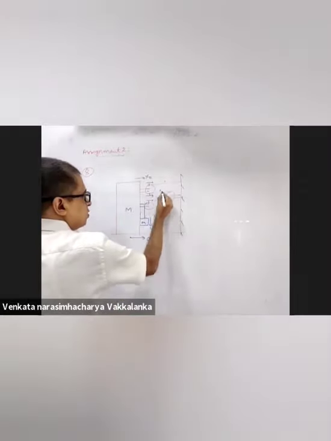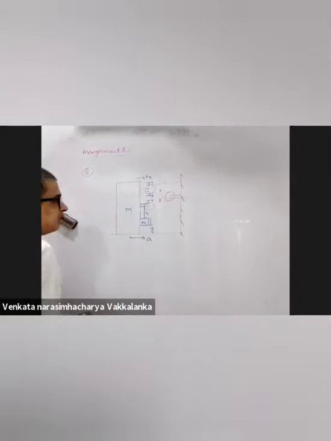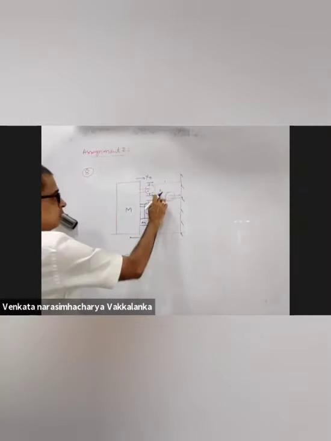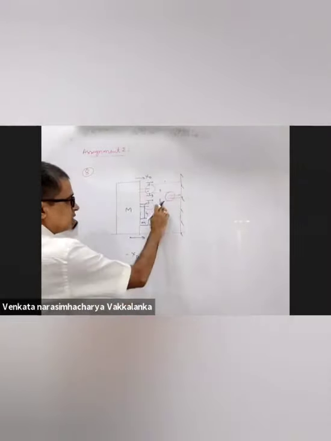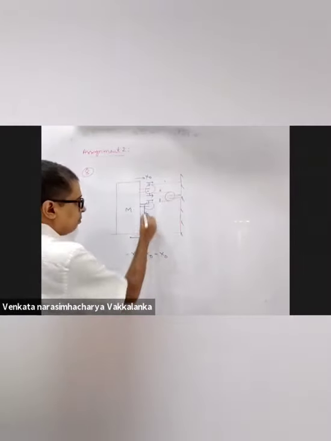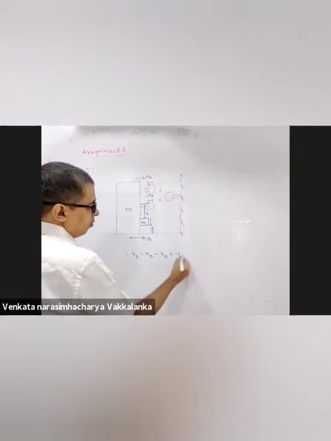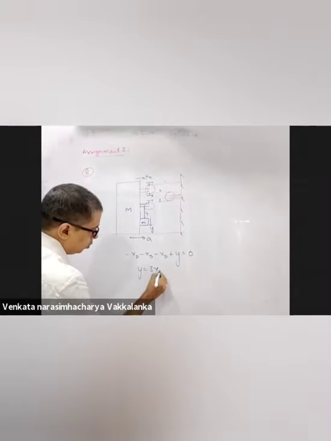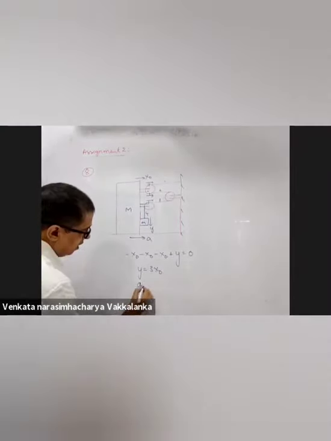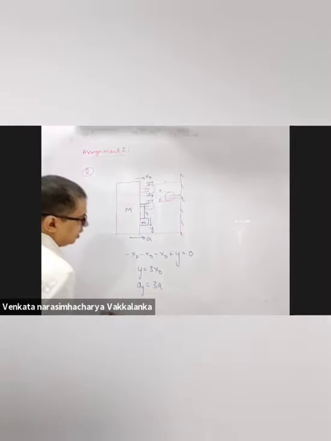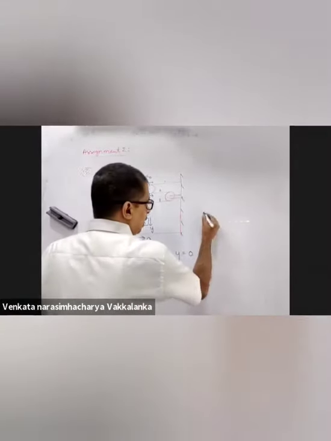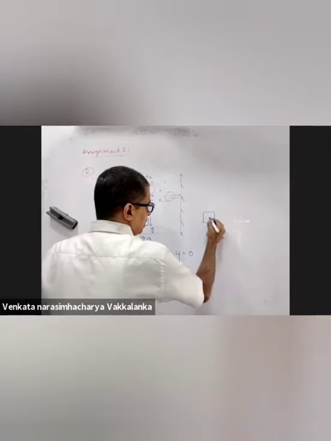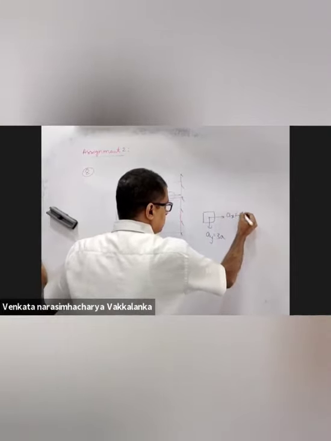Segment 1 minus x naught, segment 2 minus x naught, segment 3 minus x naught, segment 4 plus y should be equal to 0. Y is equal to 3x naught. Ay is equal to 3 times A. So small m will have Ay equal to 3 times A and Ax is equal to A.